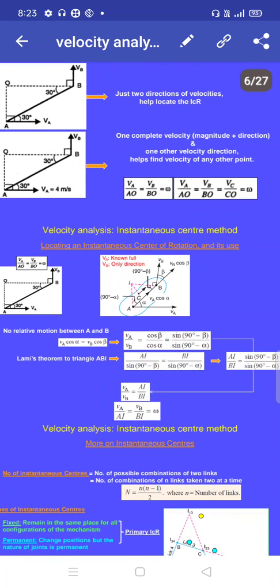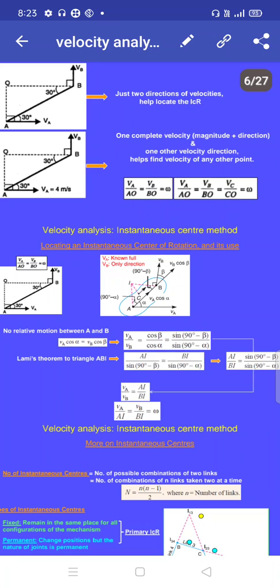Locating the instantaneous center of rotation, its uses also. There is no relative motion between A and B, so VA cos alpha is equal to VB cos beta. So VA by VB is equal to cos beta by cos alpha, which we can write as sine of 90 minus beta divided by sine of 90 minus alpha.